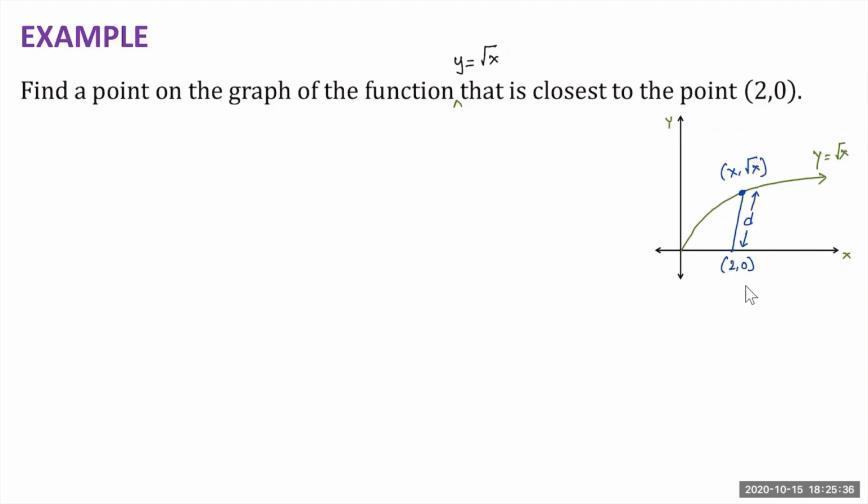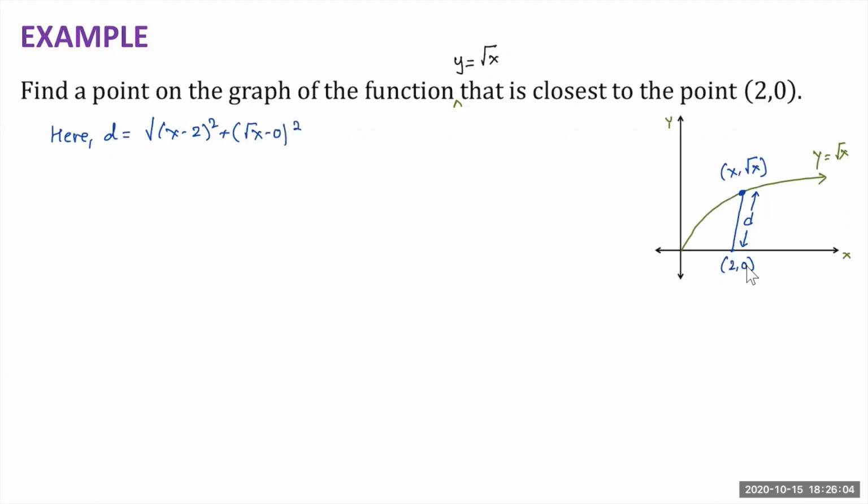So let's use the distance formula to find this distance. The distance d is equal to square root of the difference in x coordinate squared, which is x minus 2 squared, plus the difference in y coordinate squared, which is square root of x minus 0 squared.